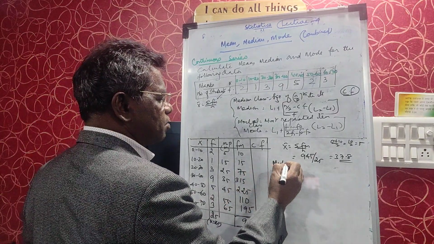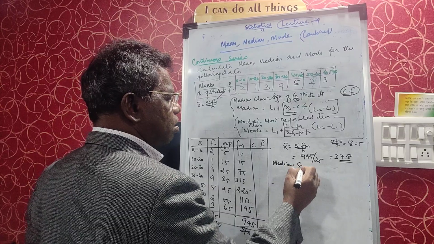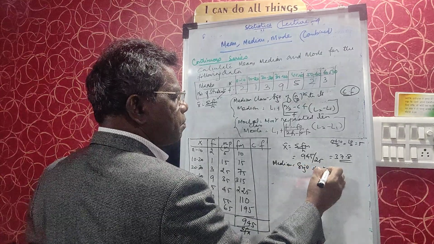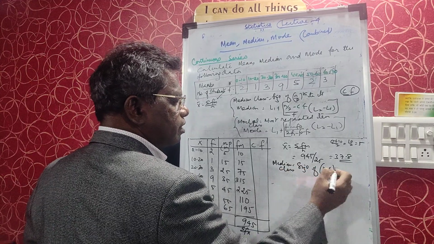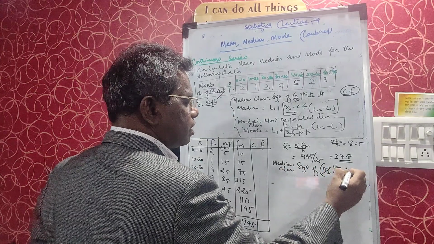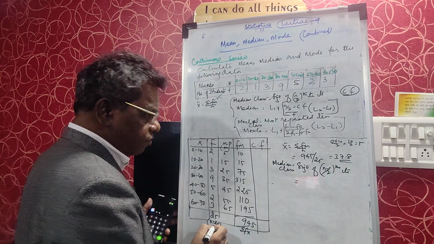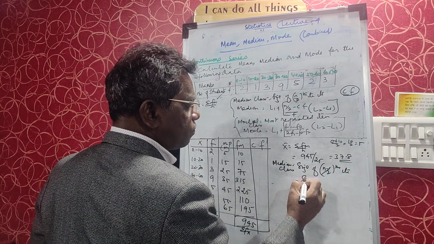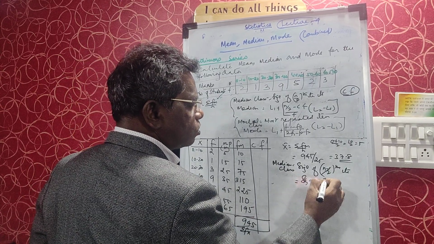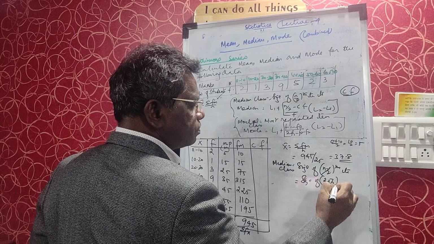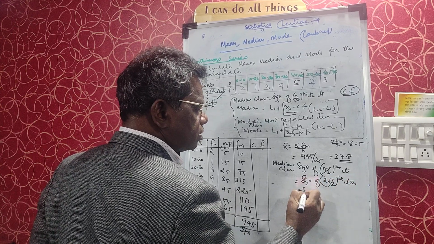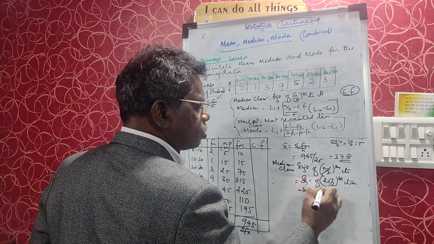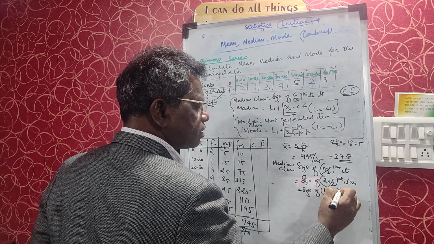Now we get our median. Median is the size of the n upon 2th item, in the median class. n is 25, so the size of the 25 upon 2th item is equal to the size of the 12.5th item.